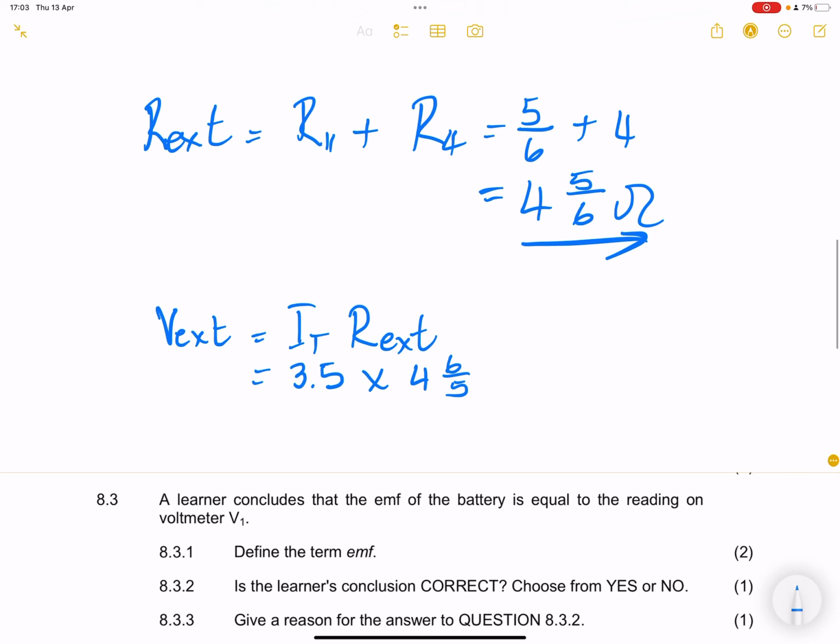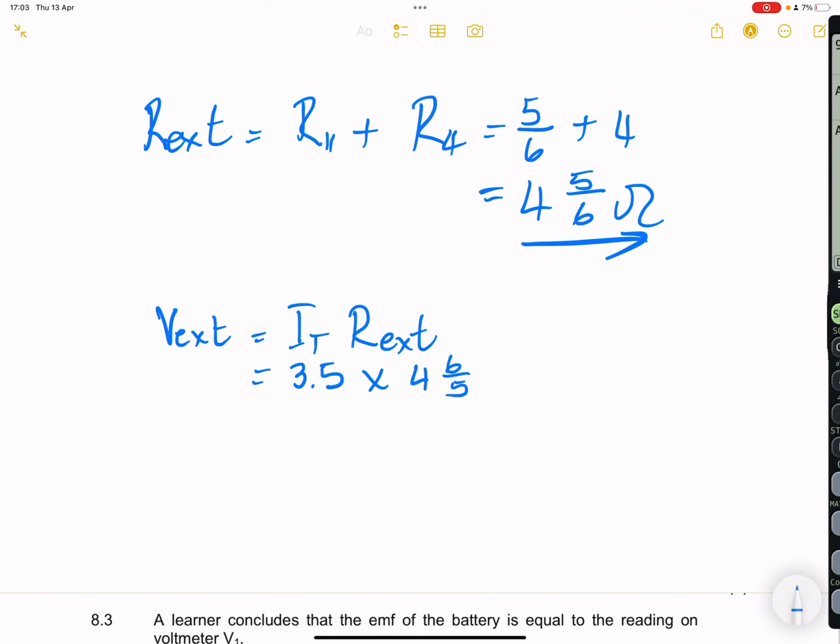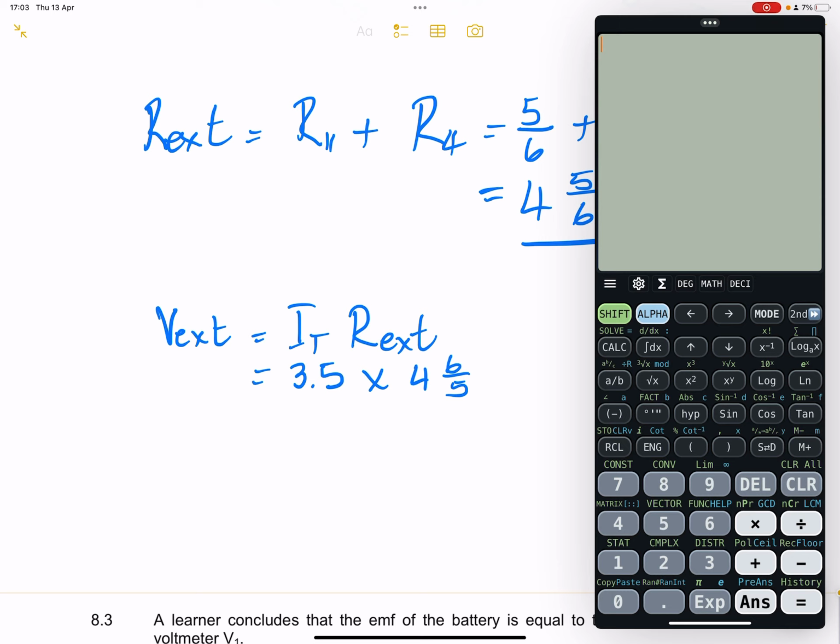right? So we can actually just calculate that. Let's see. Let's do this: 1 over 5 rather, plus 4.